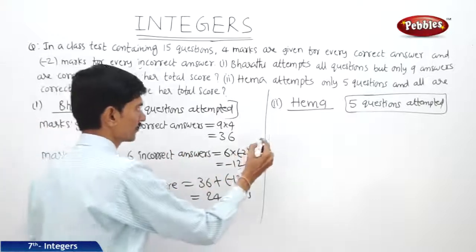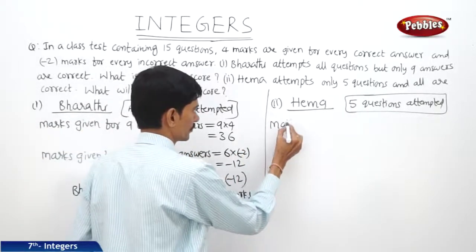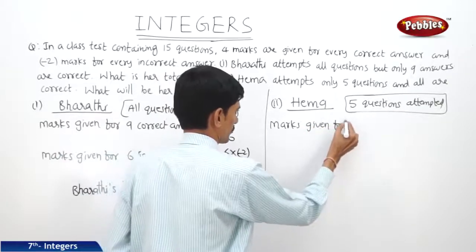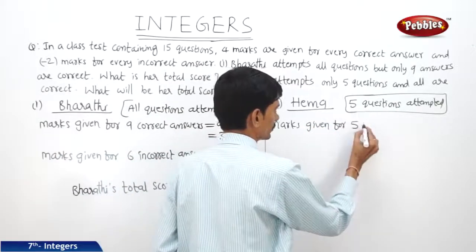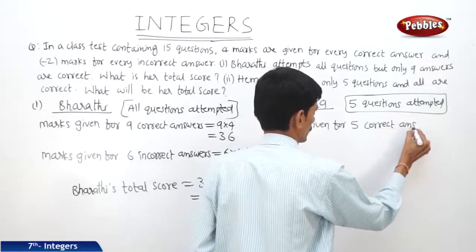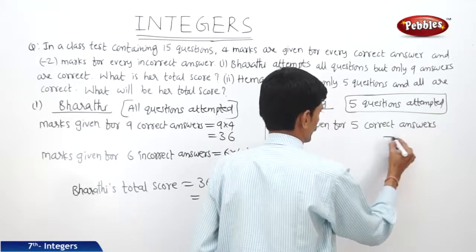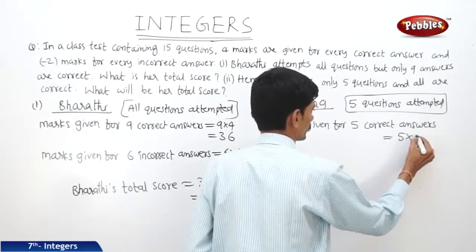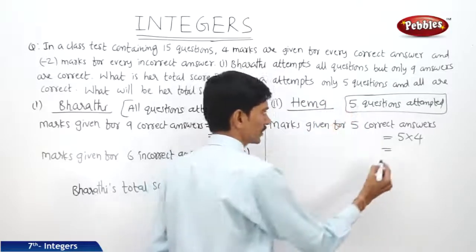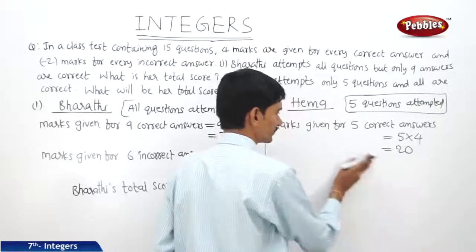Now marks given for five correct answers equals 5 into 4, because 4 marks are given for every correct answer, so 5 into 4 equals 20.